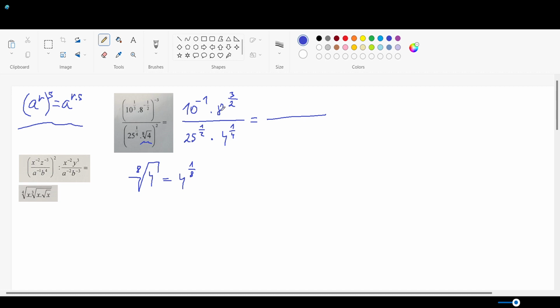But before I start, 8 is equal to 2 to the third power, which means 8 to the power of 3 over 2 can be transformed like 2 to the power of 3 and then to the power of 3 over 2, which when we simplify, it's going to be 2 to the power 9 over 2.